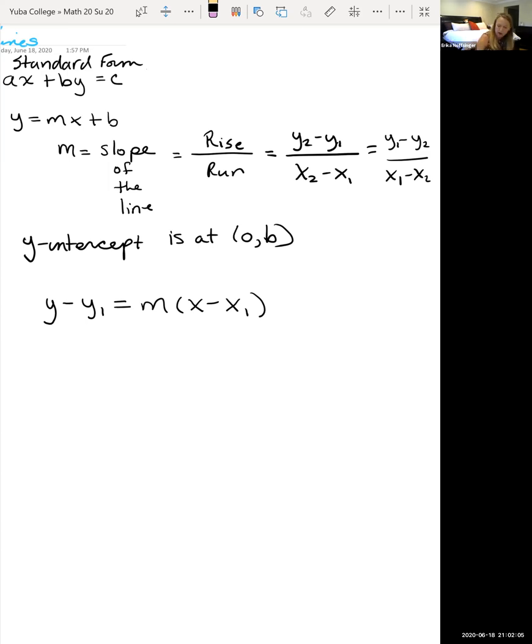This other one, y equals mx plus b, this is called our slope-intercept form. And the one I just gave you, y minus y sub 1 equals m times x minus x sub 1, this is our point-slope form.